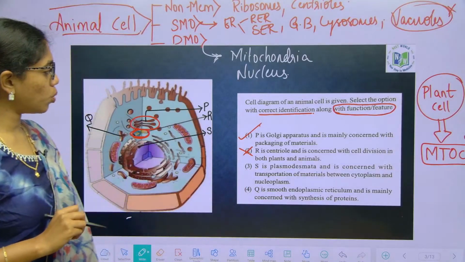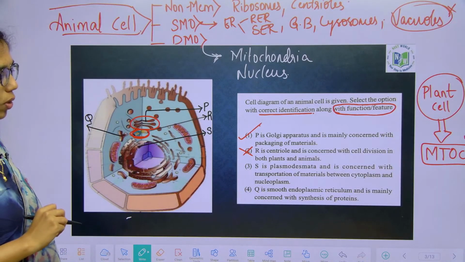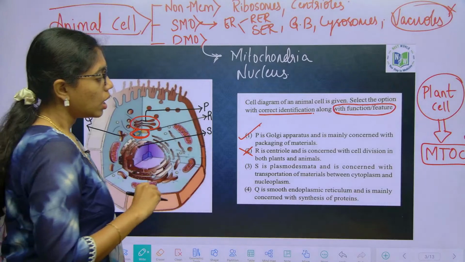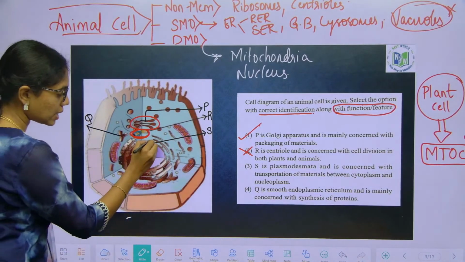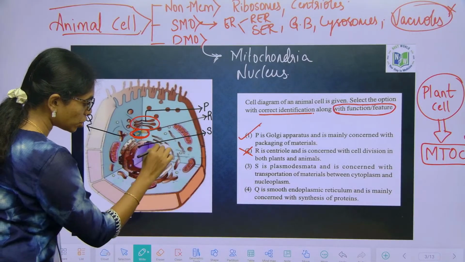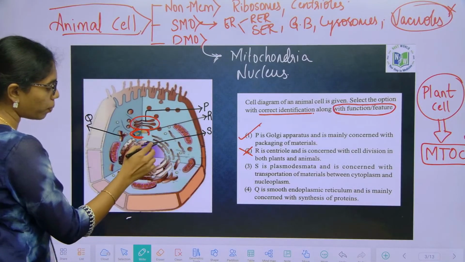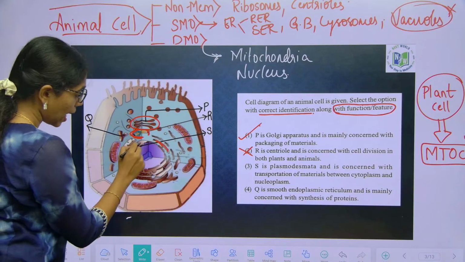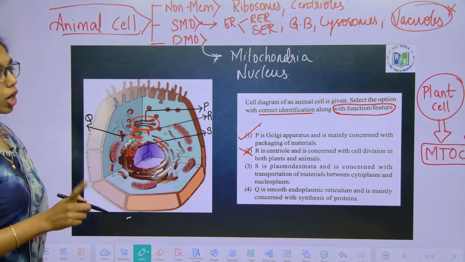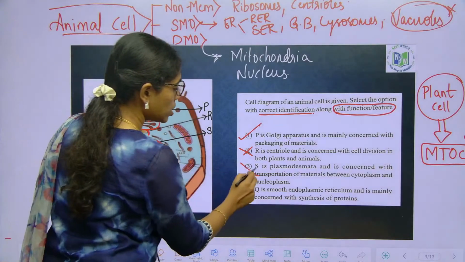S is plasmodesmata? S is not plasmodesmata, because here you can see this is a nucleus and extensions of this you have what? Endoplasmic reticulum. Extensions of this endoplasmic reticulum are present. And these are what? Nuclear pores, not plasmodesmata. So, this will be wrong.